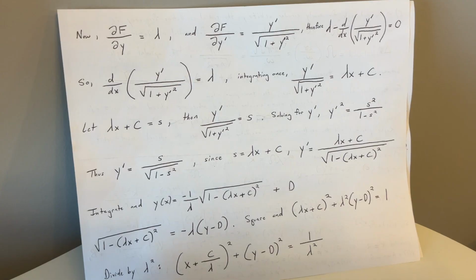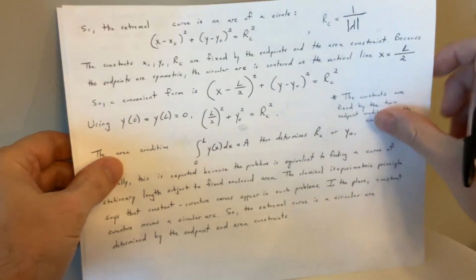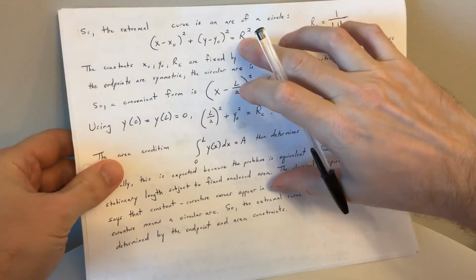Now if we divide by lambda squared, we wind up with the quantity x plus c over lambda, squared, plus the quantity y minus d, squared, equals 1 over lambda squared.